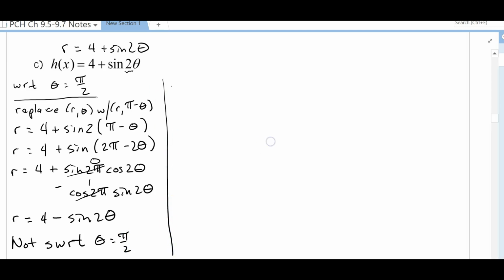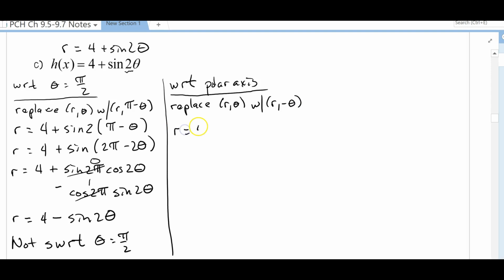Next, we're going to check symmetry with respect to the polar axis. So we are going to replace r comma theta with r comma negative theta. So we get r is equal to 4 plus sine of 2 times negative theta.